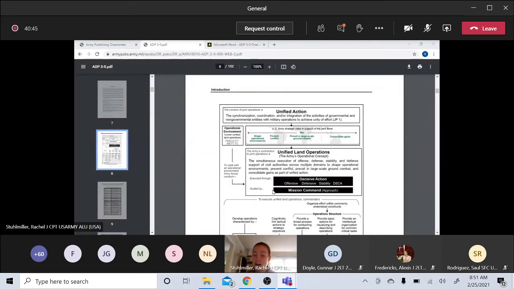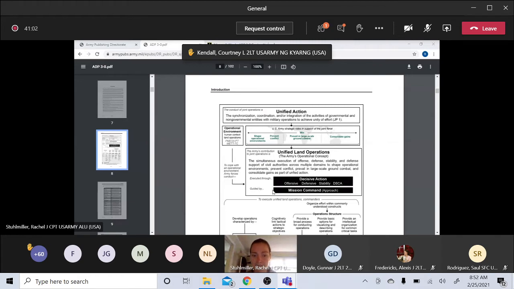But instead of using it to enable mission command, which is understanding that end state, understanding the bigger picture, they really just used that in place of guidance. So mission command is not just letting people do on their own. Mission command is providing that.